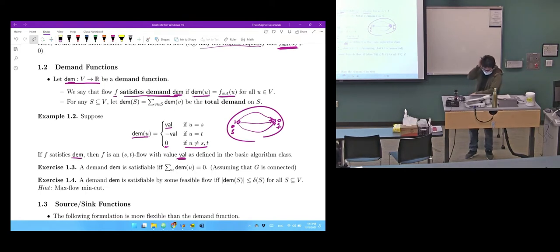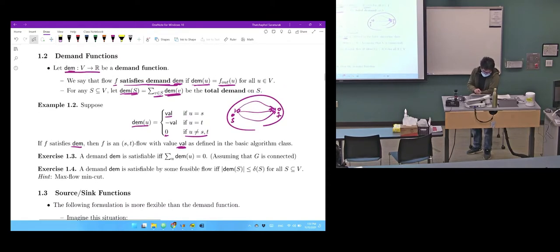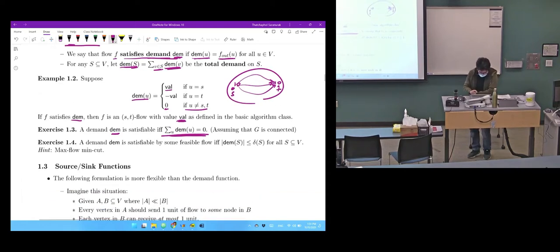And I can also define the total demand on a set S to be the sum of the demand over the set S. Can you tell me why the demand is satisfiable if the sum of the demand is 0? Okay, maybe too easy.